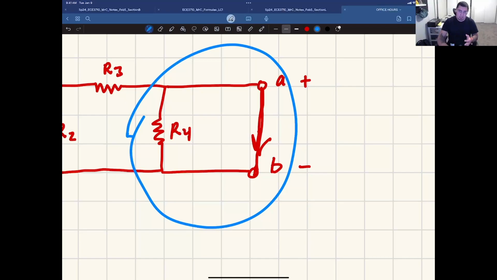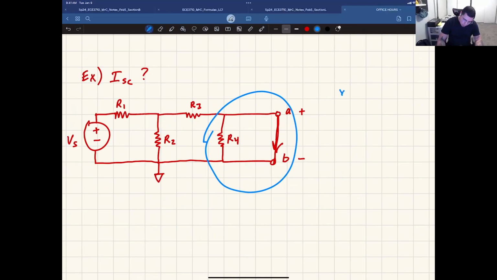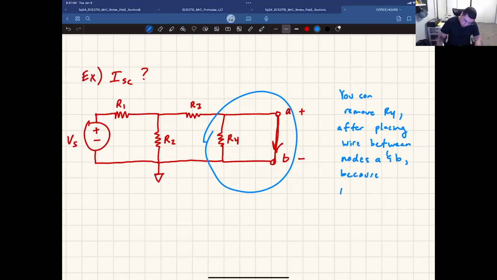What is the equivalent resistance in the circled blue ink region? Just a wire. We proved that earlier. So that means you can remove R4, comma, after placing a wire between nodes A and B, because R4 is parallel to a wire.